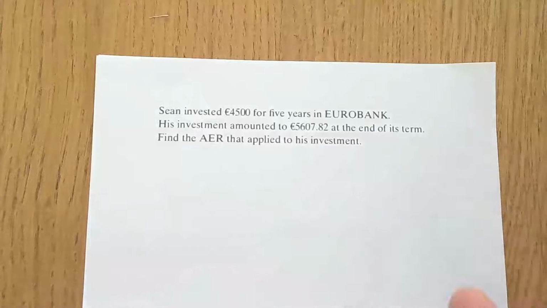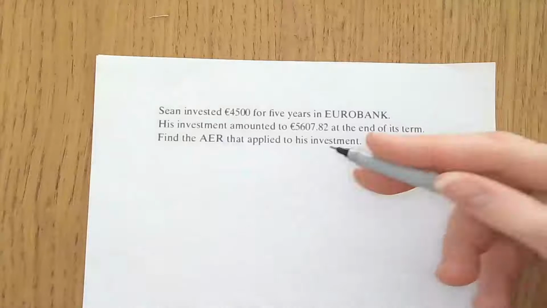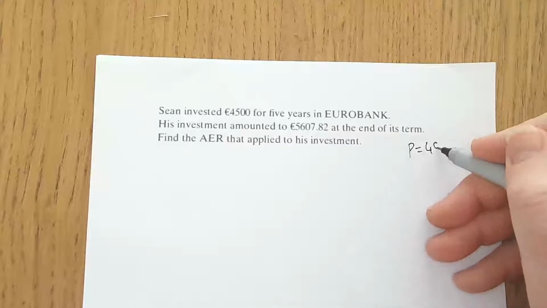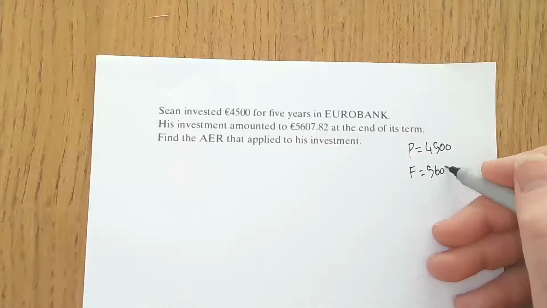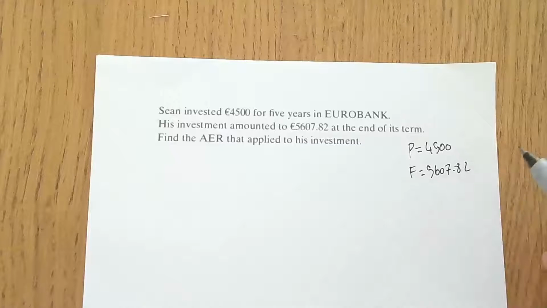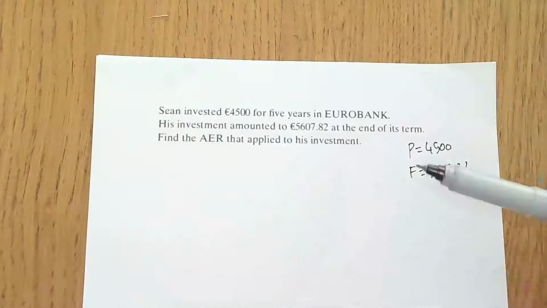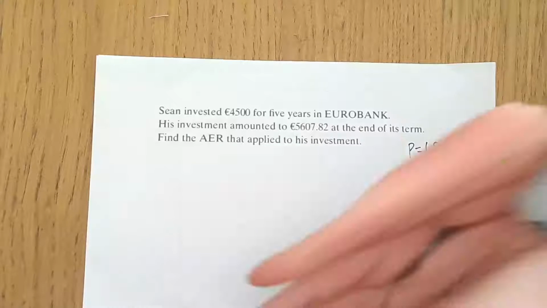Listen, like anything else, let's put in what we know. We have a principal, a starting point, of 4,500, we have a final amount of 5607.82, and we have a time of 5 years, so T equals 5. Let's put our formula together.